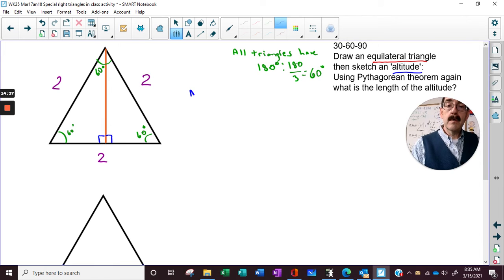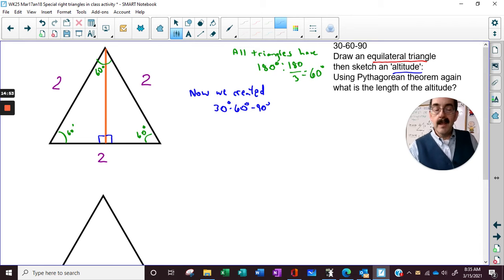Now we created a 30, 60, 90 degree. Okay? Bisector rule, this bisected. Cut it in half because it was equal, 30 and 30.